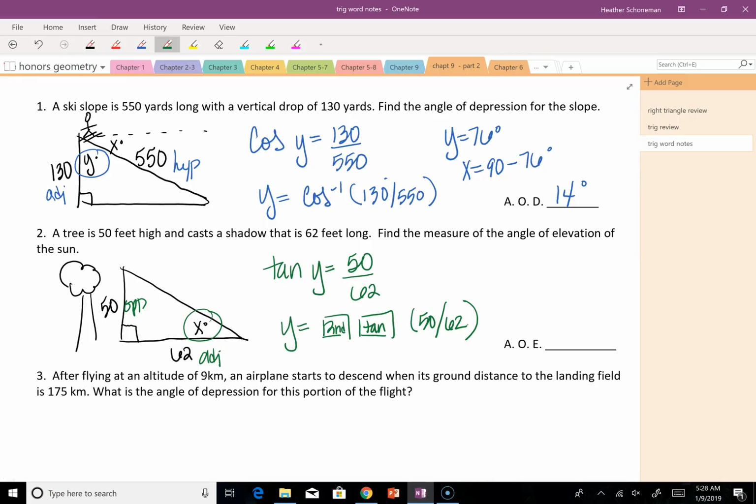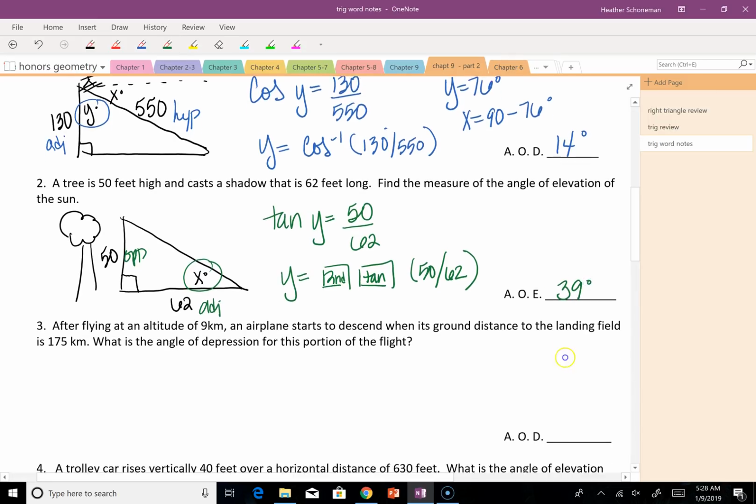Now, some of you have the smaller calculators where you have to do the number first, so you're going to do 50 divided by 62, then second tangent, but I think you guys know who you are. So when you solve that to the nearest whole degree, you get 39 degrees.